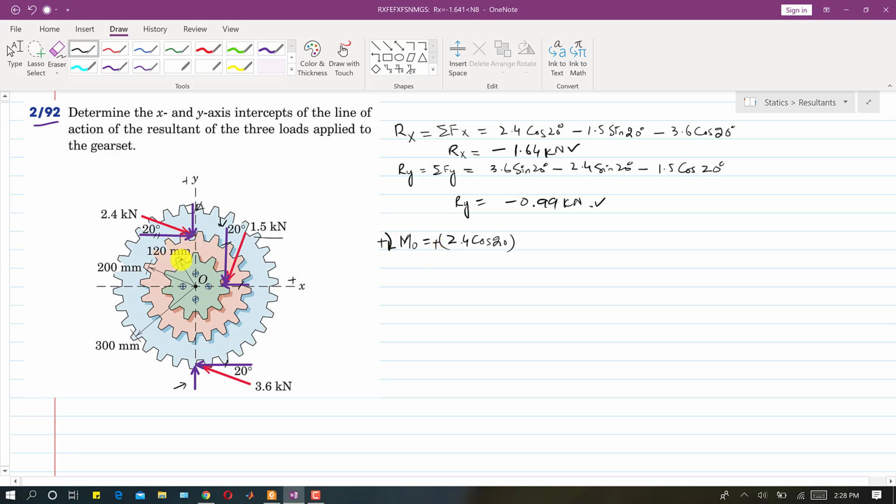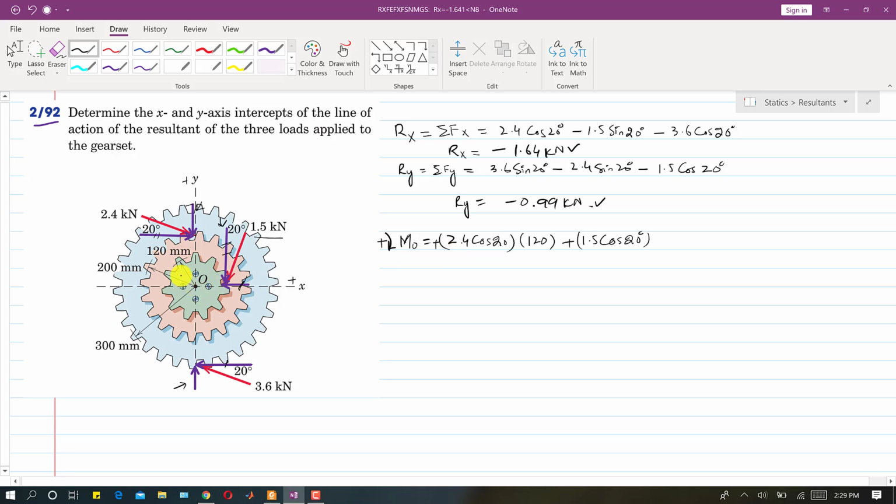The perpendicular distance of this cos component from O is the radius of this small gear, which is 120 mm. Similarly, the horizontal component of this force is passing through point O, so only this component is producing moment, and it is producing clockwise moment, so I will write plus 1.5 cos 20 degrees.